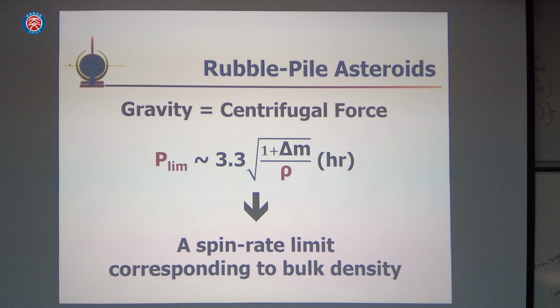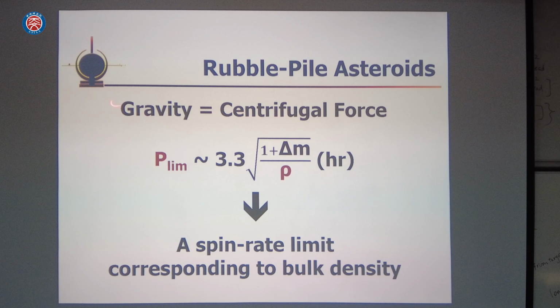As I said, they only have gravity to pull the small pieces together, so they cannot rotate very fast. Otherwise, the centrifugal force will overcome the gravity and break the asteroid apart.